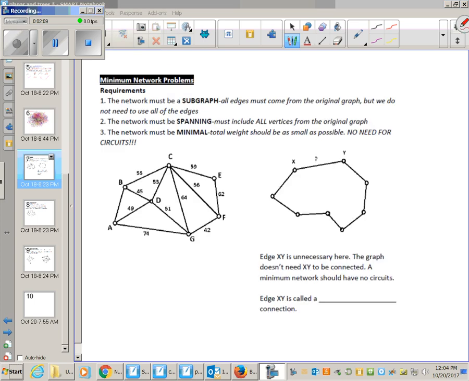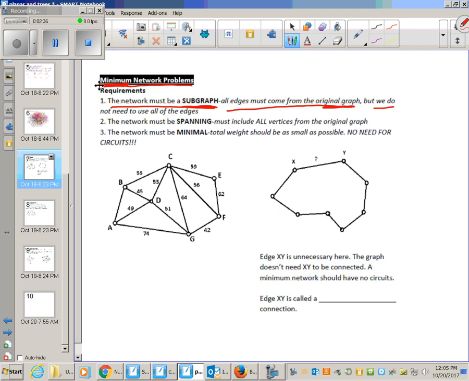All right, so with trees, our application that goes with them is to find a minimum subgraph, a minimum spanning tree. There are certain requirements that go along with this. The network or the graph we're looking at, it must be a subgraph. All edges must come from the original graph.